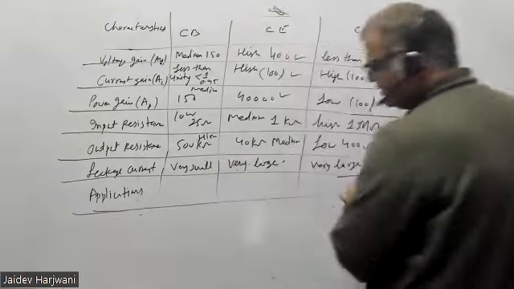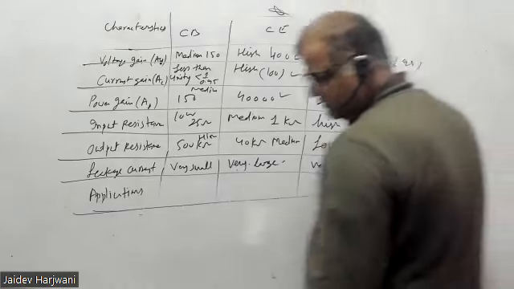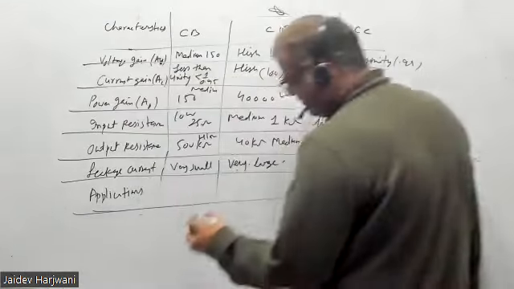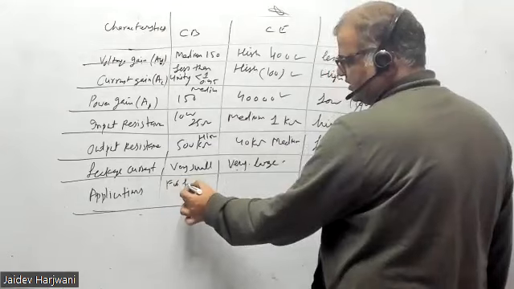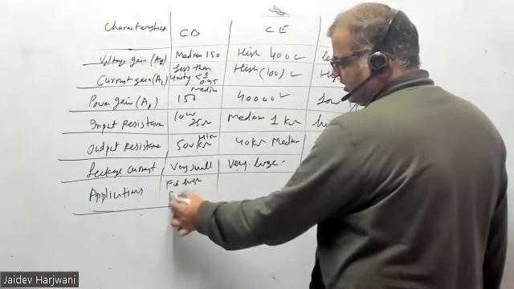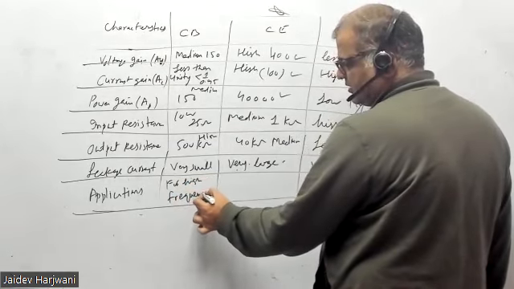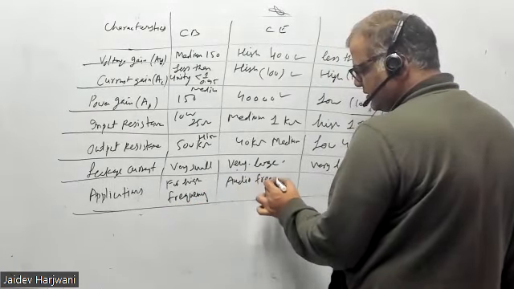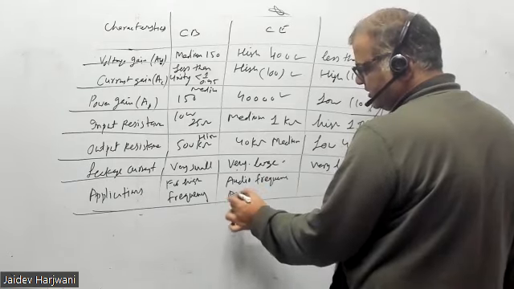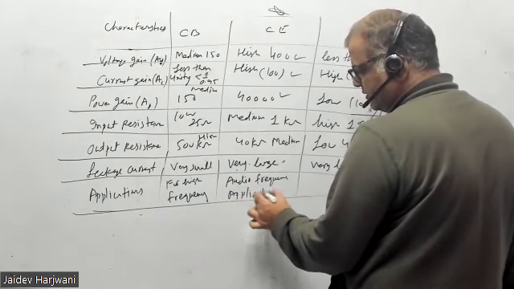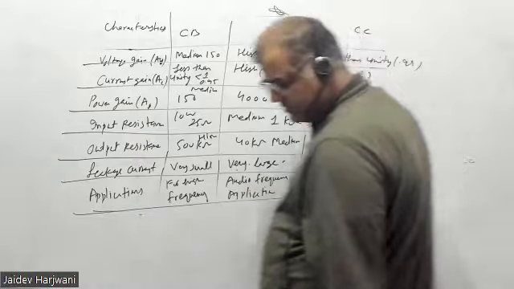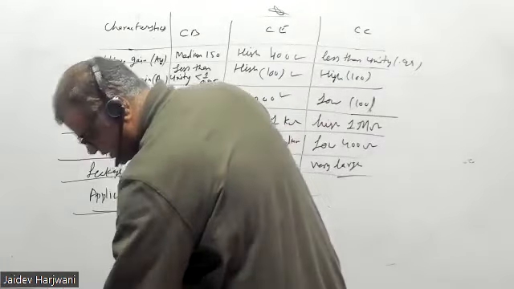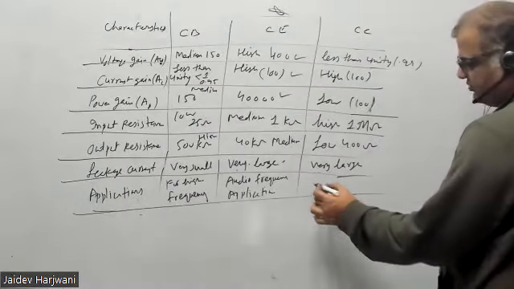And next is your applications. This configuration is used for high frequency applications. This is used for audio frequency applications. High frequency, audio frequency, and the last one, this configuration is used for impedance matching.